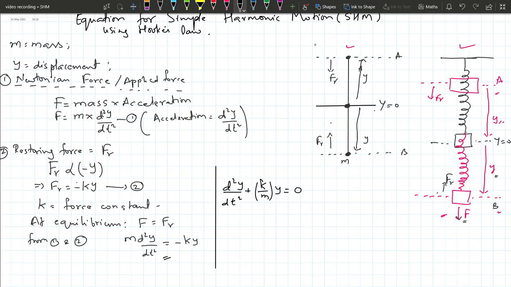So this is the equation that we get on rearranging the above equation, and I can call it equation number 3.